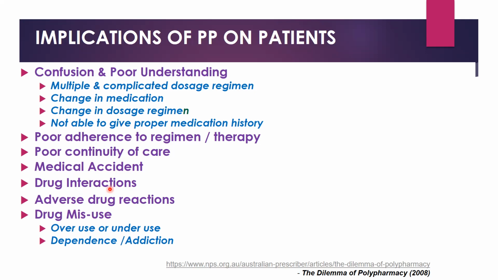And also, if you're using multiple medications, it increases the potential for ADR, adverse drug reactions. And we are not yet talking about drug misuse or drug abuse, for example, if they are taking codeine for their pain, or any misuse of analgesics.